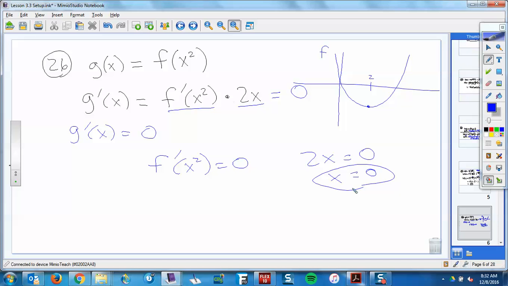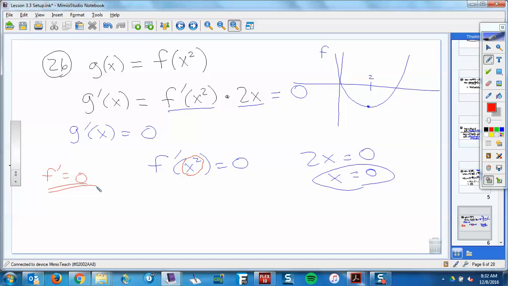Now remember, that's the f graph over there, but we're asking about g. That's where you have to make sure you're not confused. What does this mean? This is where everybody gets messed up, and several people came in this morning asking about it. Forget the red part for a minute. We've done this before: where is f prime 0?